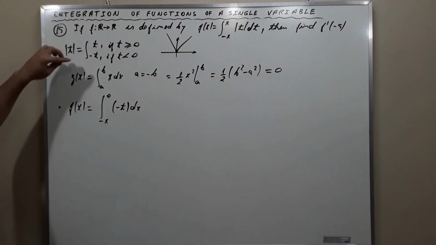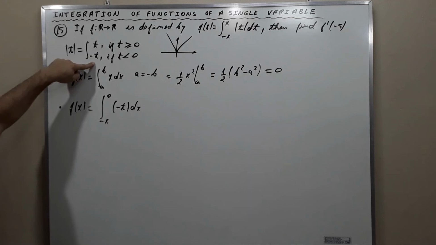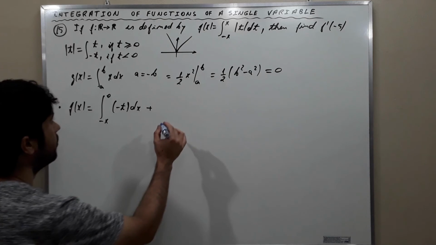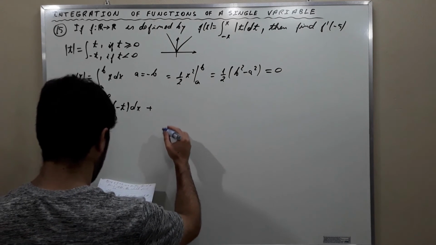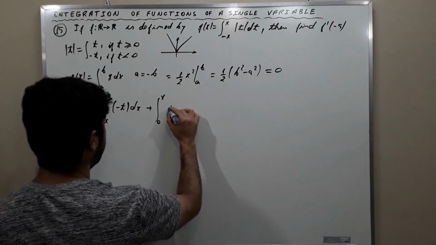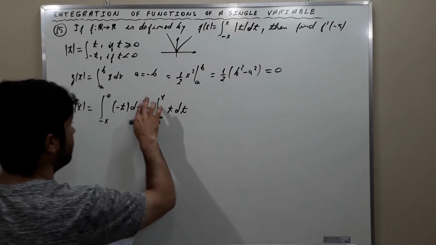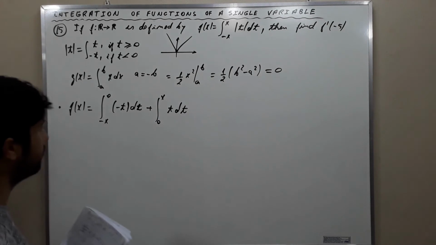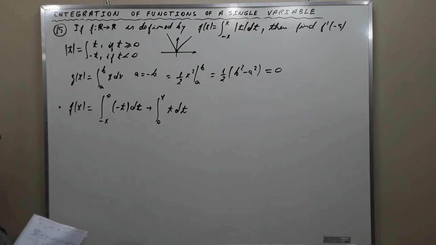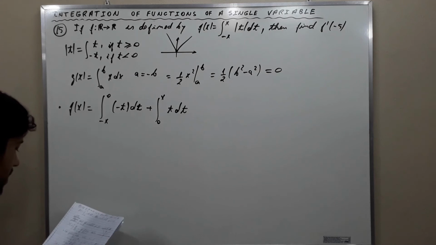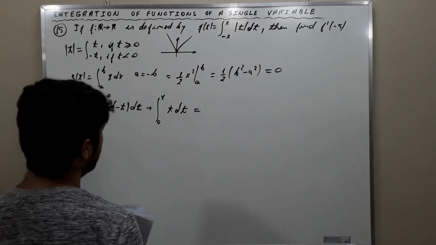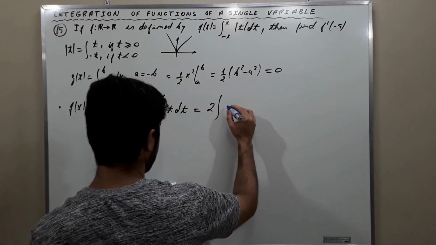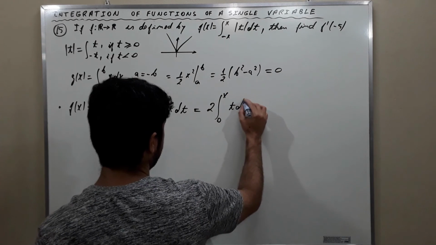Okay, we are integrating when t is a number less than 0, and now we are going to integrate for numbers greater than or equal to 0, from 0 to x of t dt. Here I wrote x, but it is t. And these two integrals here together are equal to 2 times the integral over t from 0 to x of t dt.